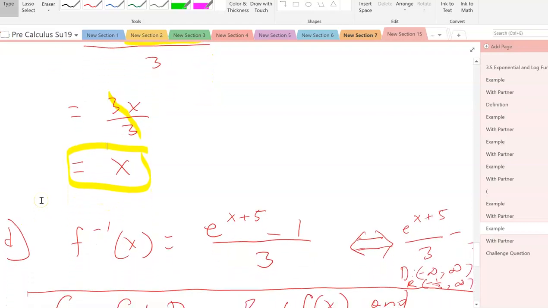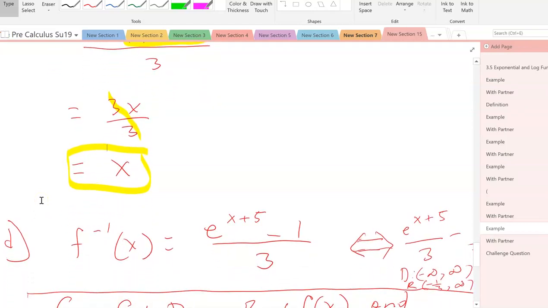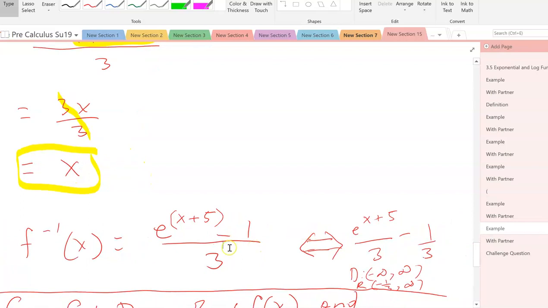Finally, we want to find the domain and range of the inverse function. f inverse of x is e to the x plus 5 minus 1 all over 3. A quick way to do this is to separate this into e to the x plus 5 over 3 minus 1/3. You'll notice this minus 1/3 is your new horizontal asymptote.